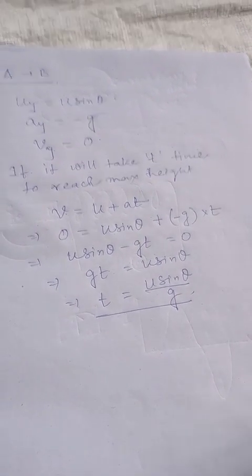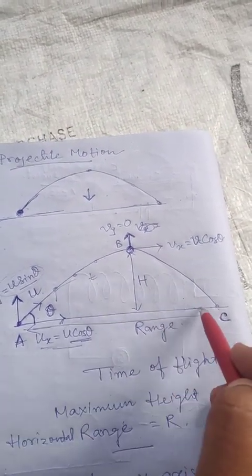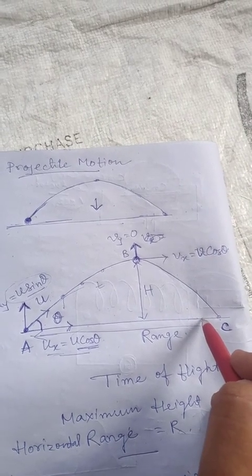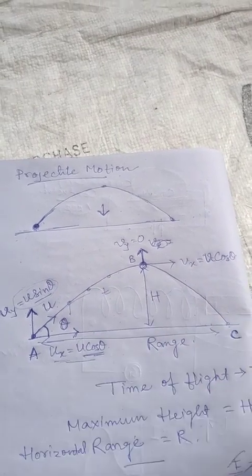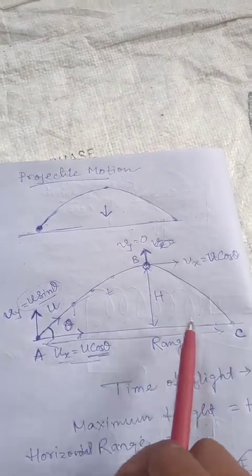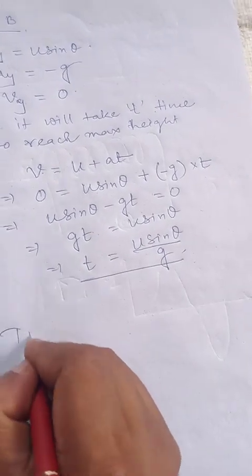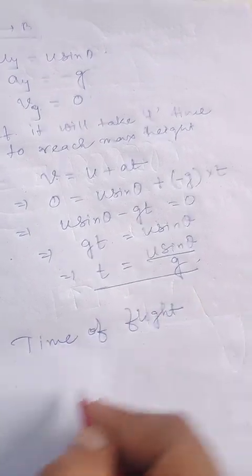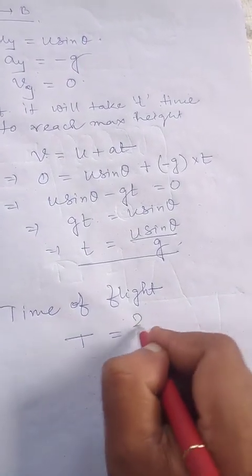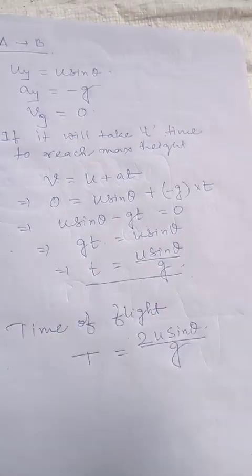Similarly, when the body goes from maximum height down to the ground, it will take the same time t, that is u sin theta by g. So the total time taken by this body flying in the air is t plus t, that is 2t. So the time of flight for projectile motion is T equals 2u sin theta by g, or 2 into small t.